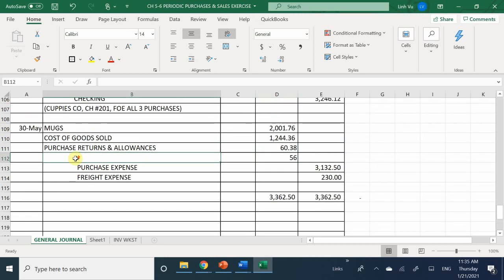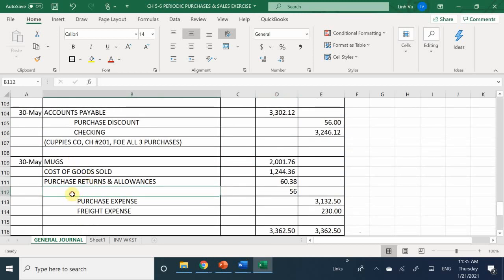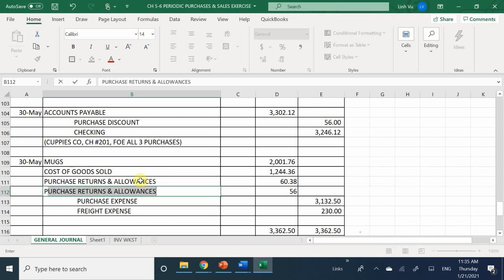Yes, because here's the thing. We debit it, or in this case, we credit it as a separate account. It is not included with the purchase returns and allowances. However, when we calculate our inventory worksheet, it is included, right? It's just jumbled up into one.